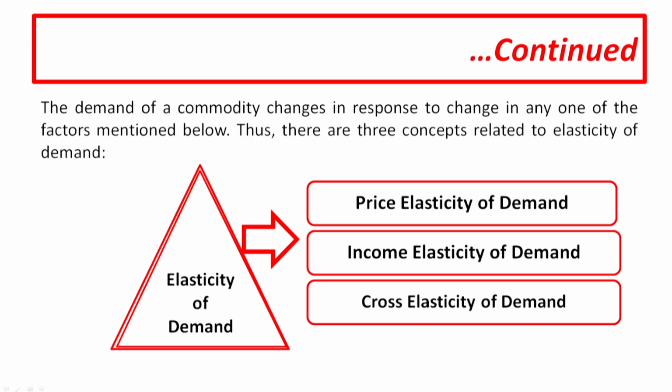The demand for a commodity changes in response to change in any one of the factors mentioned. Thus, there are 3 concepts related to elasticity of demand: price elasticity of demand, income elasticity of demand, and cross elasticity of demand, and these are 3 major types which we are going to discuss in the upcoming lecture.